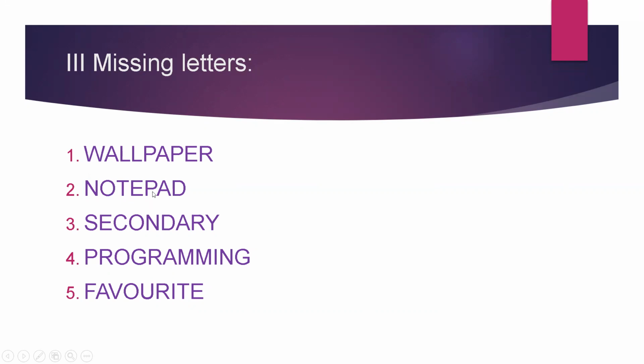What word is that? Notepad. Now just think, where have you heard that word too? Third one. What is it? Secondary. Fourth one. It's programming. And fifth one, it is favorite. So I hope you will learn the exact spellings of these words.